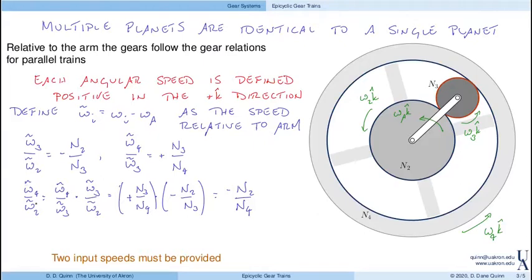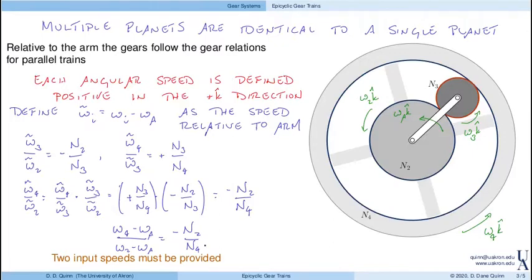Now, back in terms of the actual speeds of each gear, omega 4 tilde was omega 4 minus omega arm, and omega 2 tilde was omega 2 minus omega arm, and that is minus n2 divided by n4.